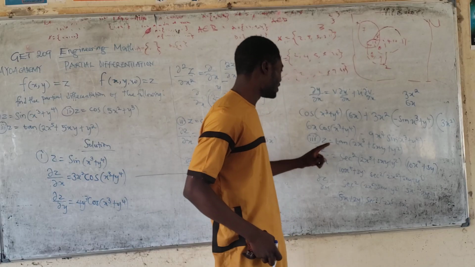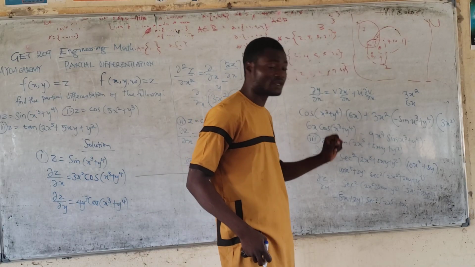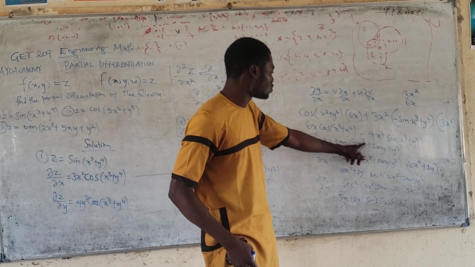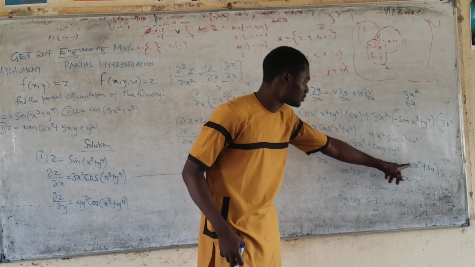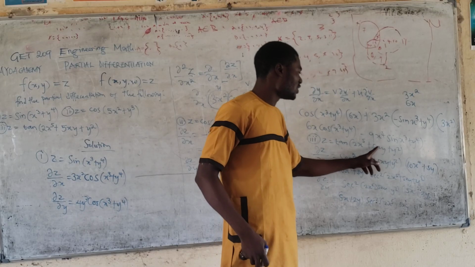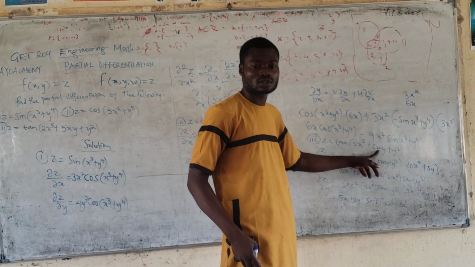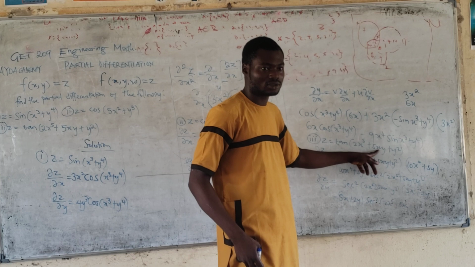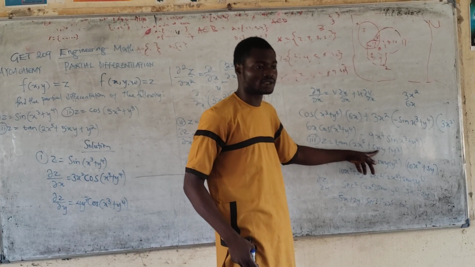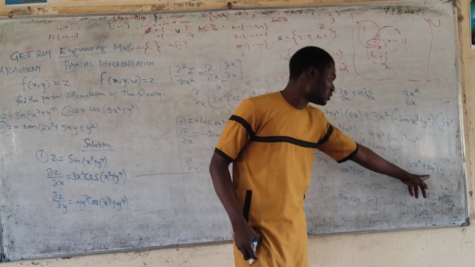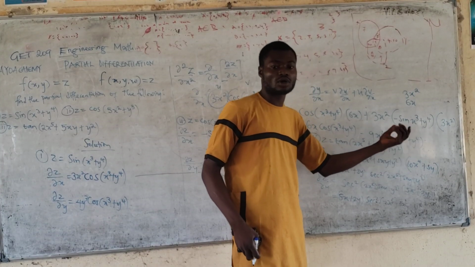But when you differentiate with respect to x, this one to this gives you the power, then you reduce it by 1. Differentiating the x here, it becomes 1. When you differentiate x with respect to x, you get 1. So we have 5y. This one we are not working on y, it becomes 0.